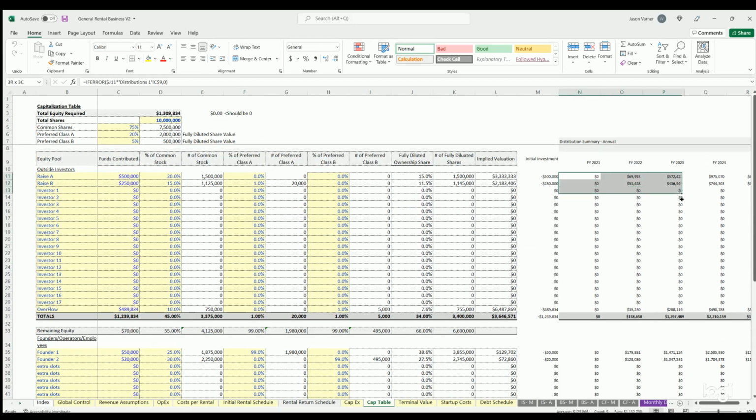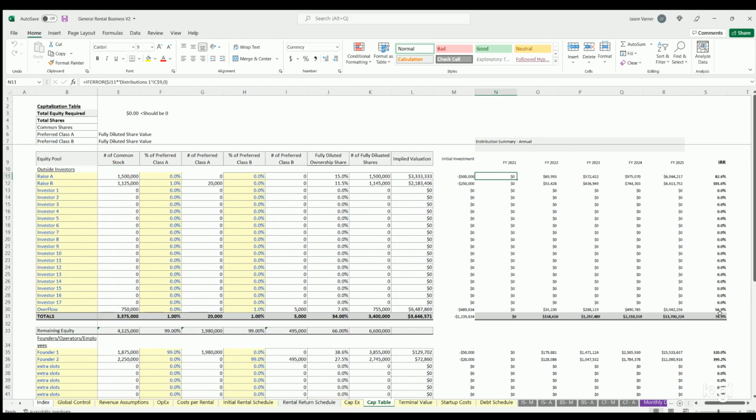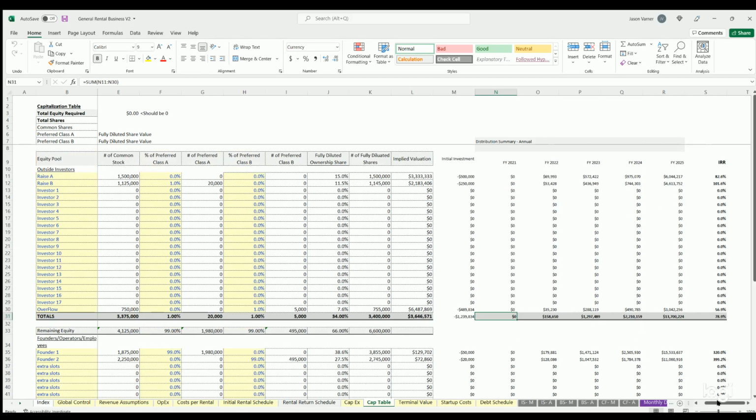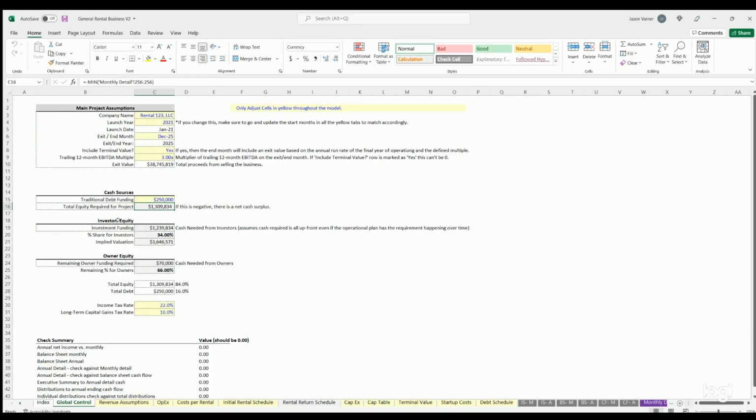Also on this, it has a discounted or internal rate of return calc for each individual, as well as the overall based on the distributable cash flow available and the ownership defined. So yep, that's investor owner equity, debt to equity calculation.